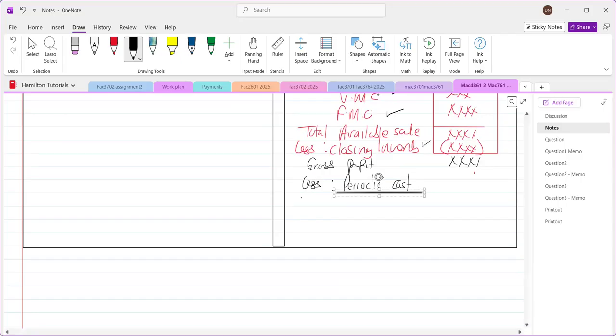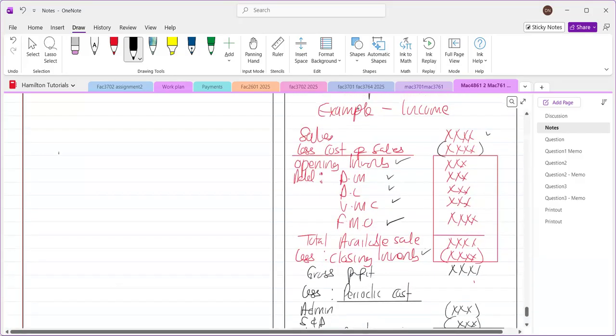It could be admin, it could be sales and distribution, both variable and fixed. Then we subtract this, and the answer that we get is our net profit. So this here is our default in financial accounting.